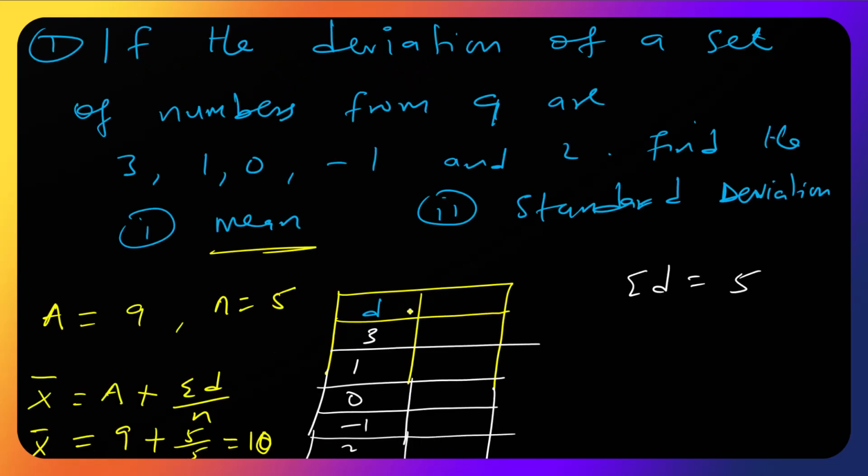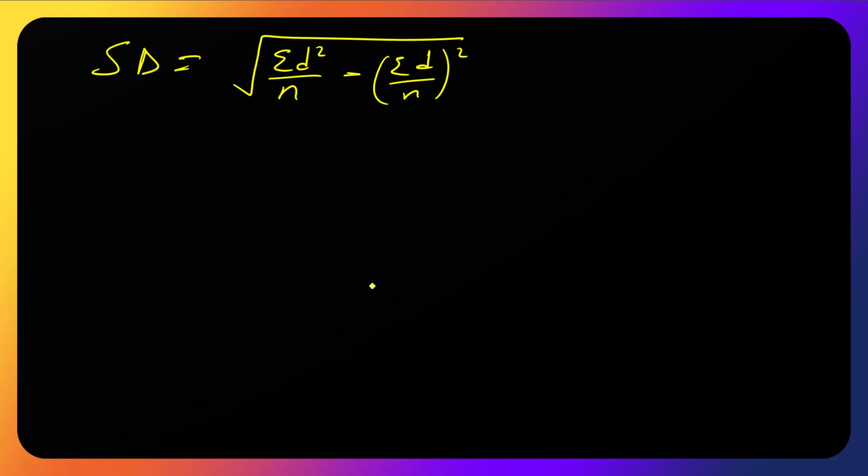So 3 squared is 9, 1 squared is 1, 0 squared is 0, negative 1 squared is 1, and 2 squared is 4. So we need the summation of d squared: 10, 11, 15. So we have 15 as the summation of d squared.